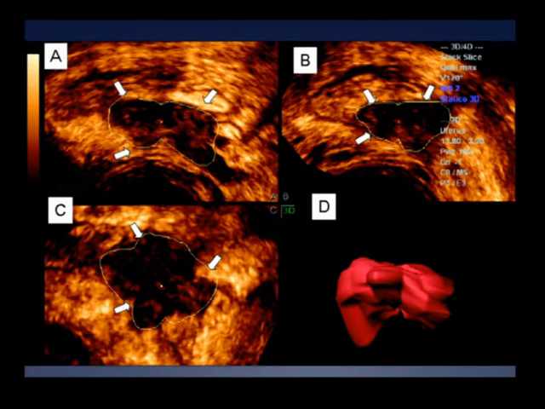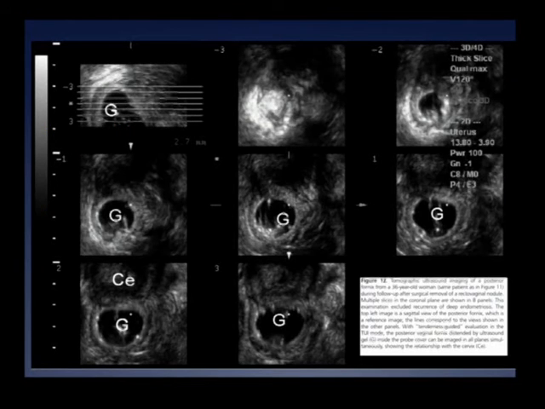This is a voxel with the volume. Usually the nodule is like this. It's a very complex nodule. This is our technique with the tenderness and the additional amount of gel inside the probe. This is the vagina there, and this is the uterus there, the fornix.